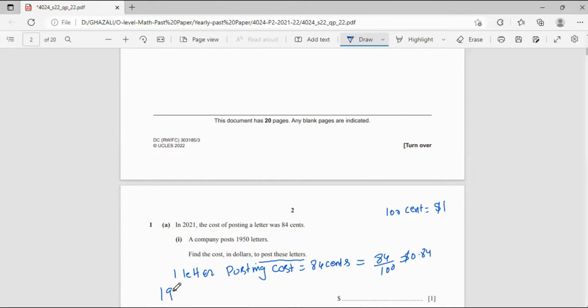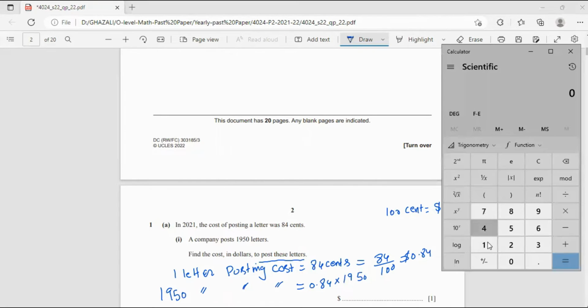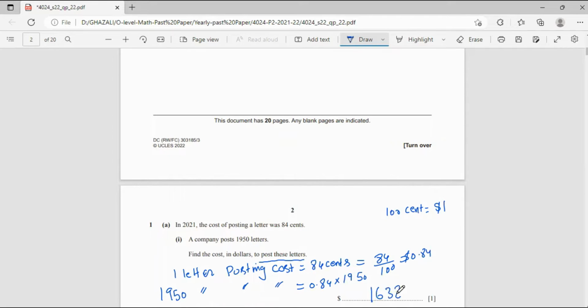So the 1,950 letters posting cost will be equal to 0.84 multiplied by 1,950. Now multiplying 1,950 by 0.84, we get the answer 1,638 dollars.